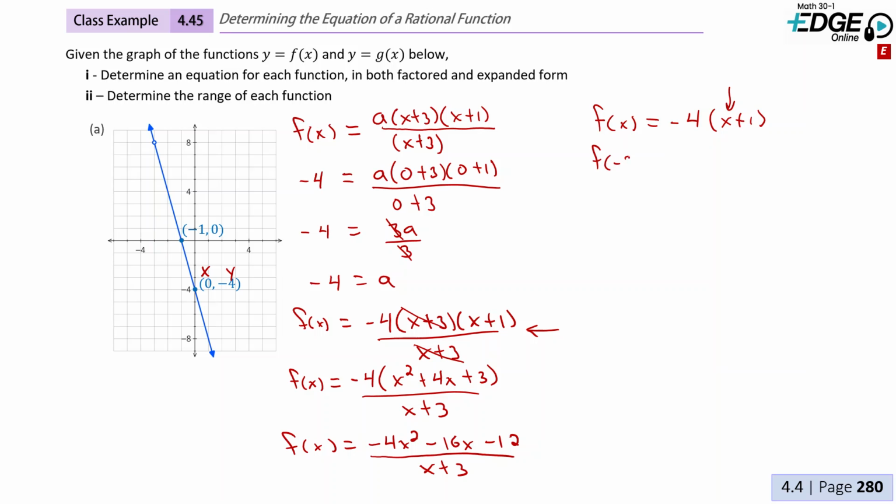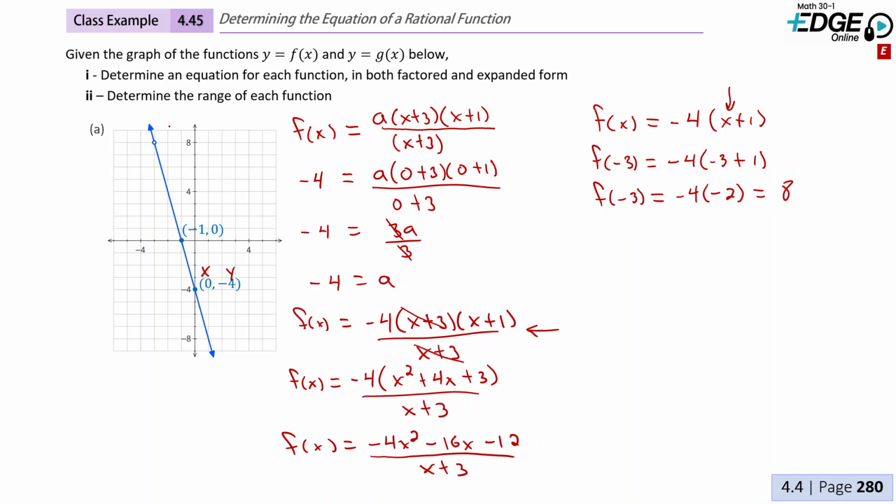So f of -3 is equal to -4 times -3 plus 1. So f of negative 3 is equal to negative 4 times negative 2, which is equal to 8, which makes sense.